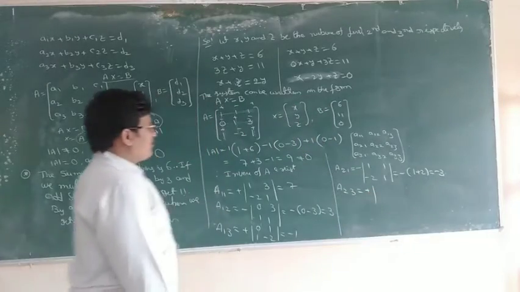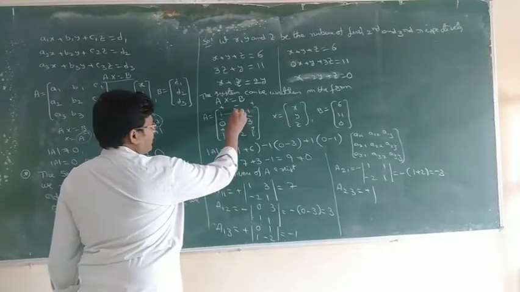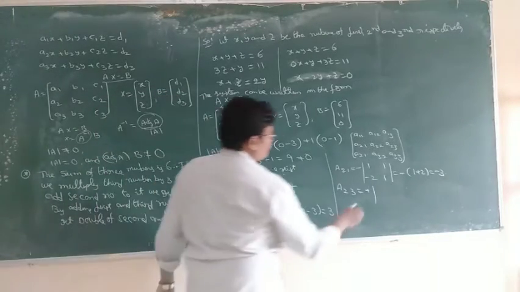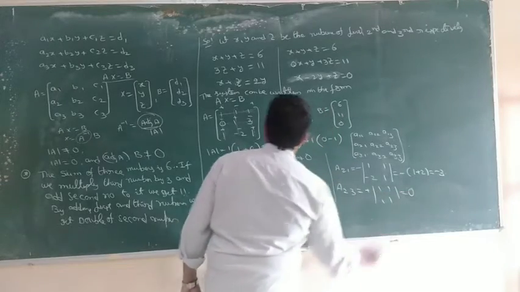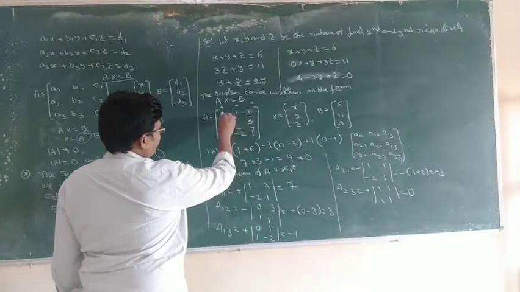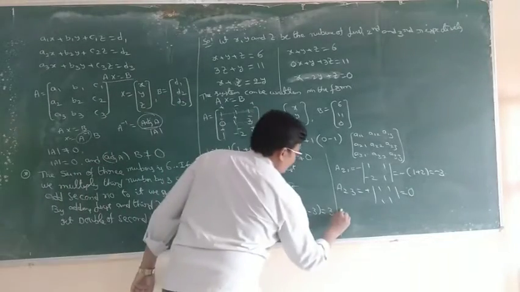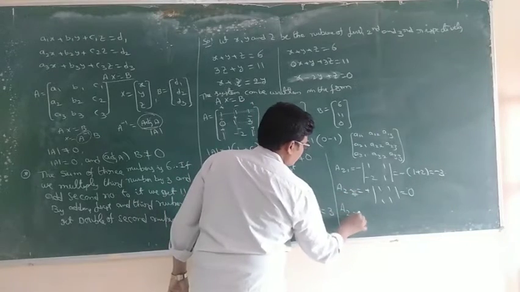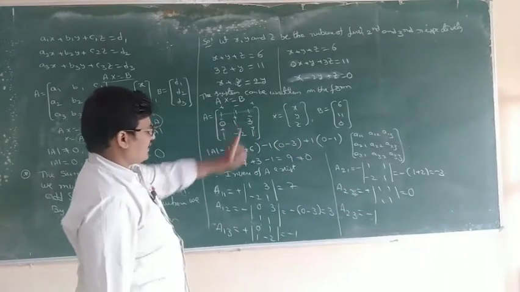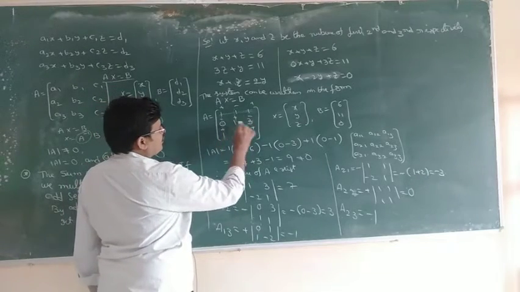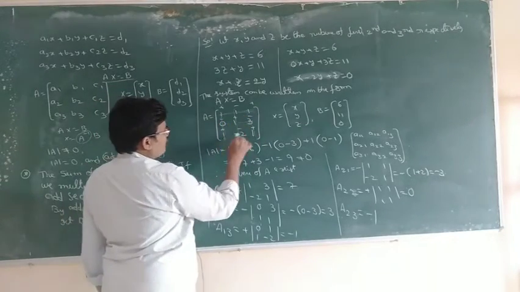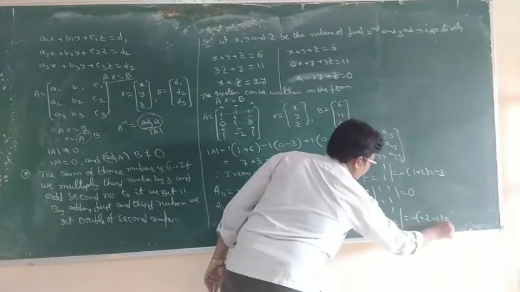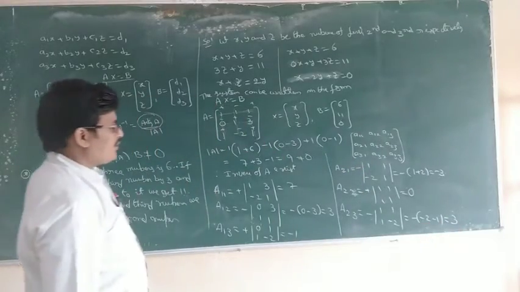A22 has a plus position, leaving 1 1 1 0, which gives 0 minus 1. A23 has a minus position, leaving 1 1 1 minus 2, so minus of minus 2 minus 1 is equal to 3.